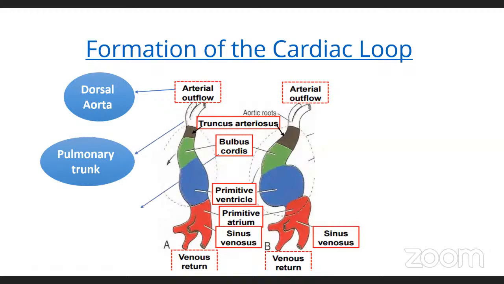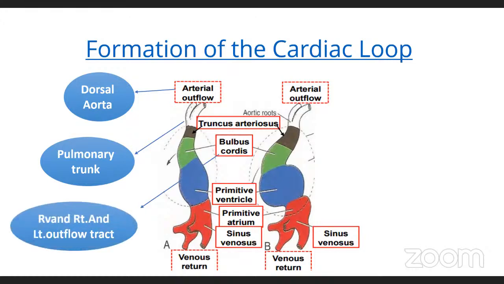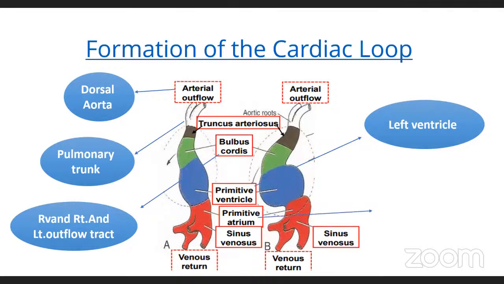Then the bulbus cordis becomes the right ventricle and the right and left outflow tracts. The next is the primitive ventricle, which becomes the left ventricle, and the primitive atria become both left and right atrium. The last portion is the sinus venosus.